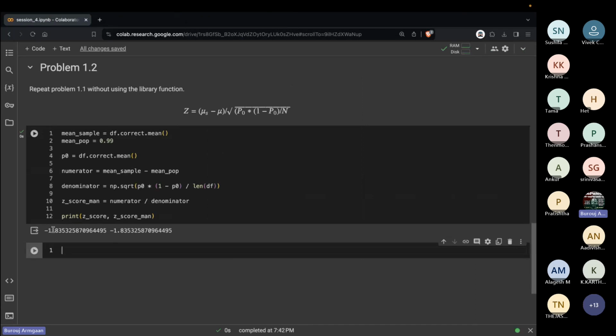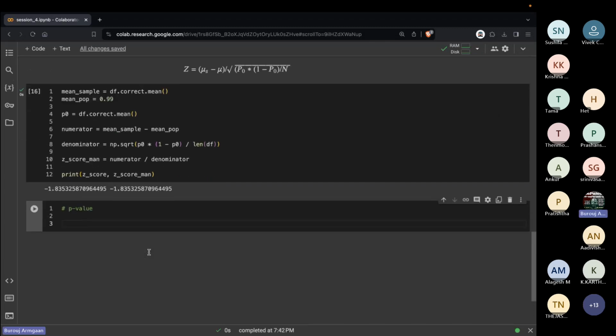Okay, so now that we have the z score, we need the p-value. Let me explain it again. We are asking: what is the probability that the sample mean, mu s, is less than or equal to 0.95, given that the hypothesis is correct, which says that I am from a distribution with a 0.99 mean and everything.